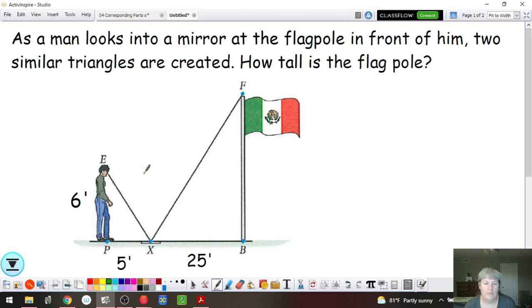So the height of the man and the height of the flagpole would correspond, and we can call this height X. So we can say that 6 corresponds to X, and the distance of the man from the mirror, 5, corresponds to the distance of the pole from the mirror, 25. And we can use that method to solve proportions, that butterfly method.